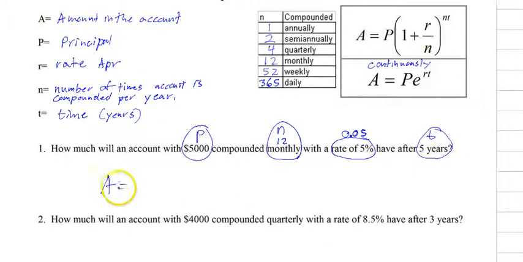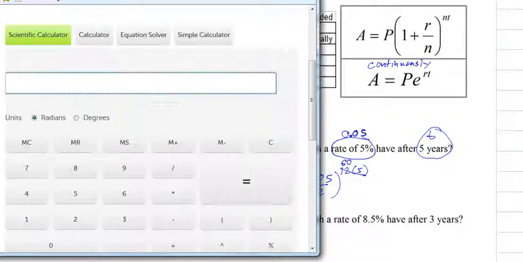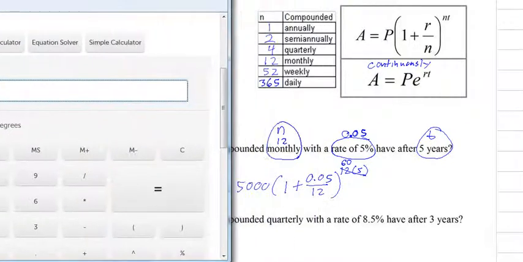So we take our formula, A equals P, 1 plus R over N to the NT, and we plug everything in. So 5,000, 1 plus 0.05 over 12 to the 12 times 5. And we only want to enter one exponent, so we cross that off and put 60, because 12 times 5 is 60. Alright, so we plug it into the calculator. So using a basic scientific calculator, you should enter it all at once.